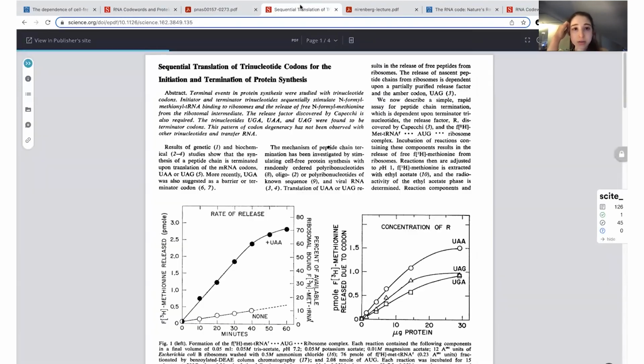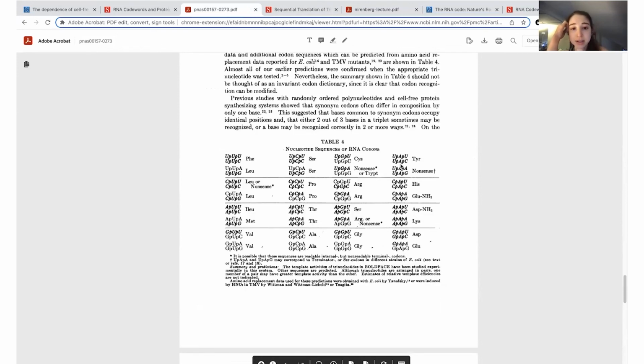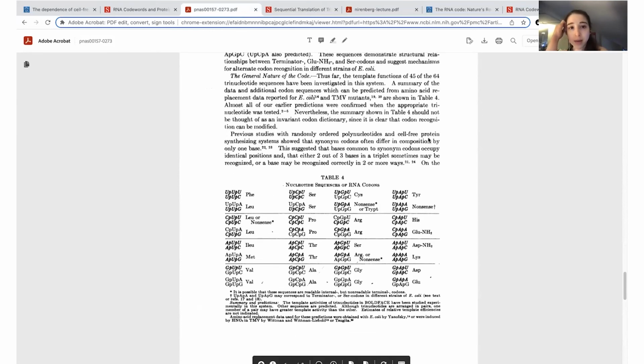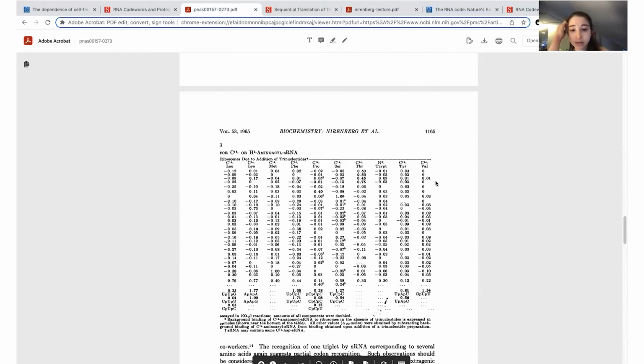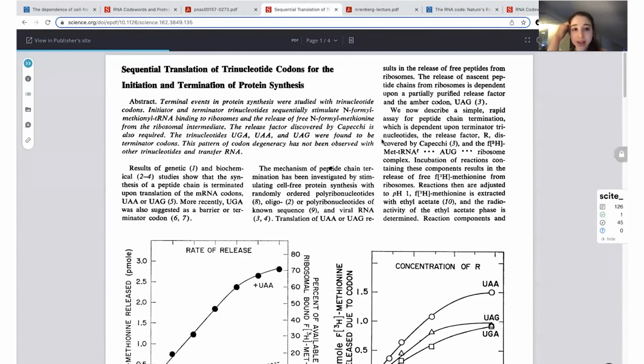Later on, there was some weird stuff going on with a couple of them where they didn't really seem to be coding for anything that they could detect. And so they were suspicious that these might be termination codons. Later, they would do more experiments actually showing the termination codons and what's required for this termination. And so this other group had found that you need this R factor for the release.